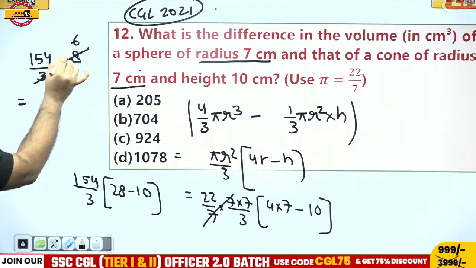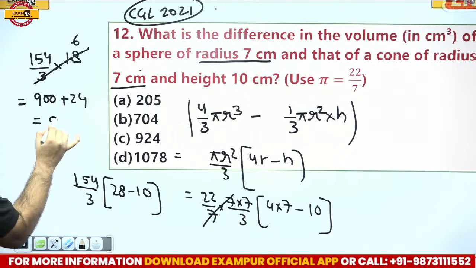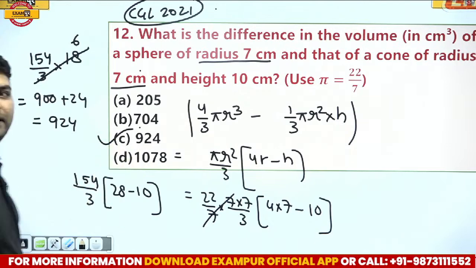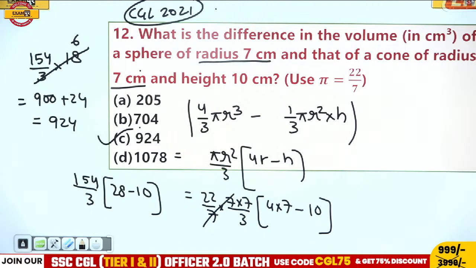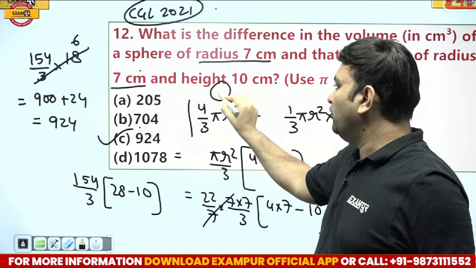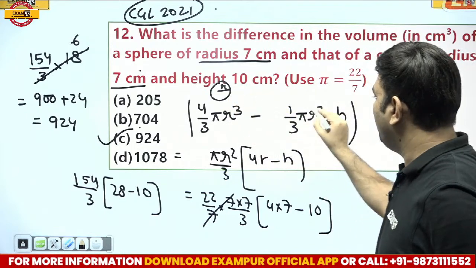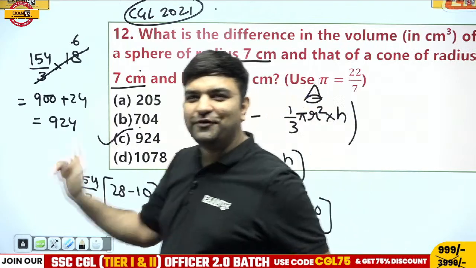That is 154 into 6: 150 into 6 is 900, 4 sixes are 24, so 924. The difference between the volume of the sphere and the volume of the cone is 924.